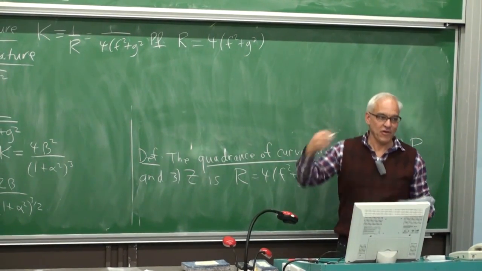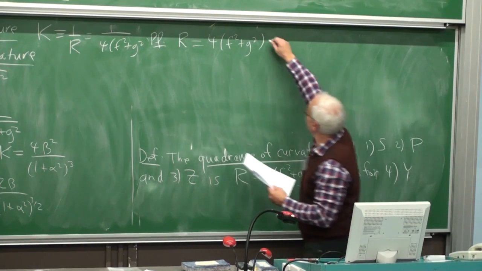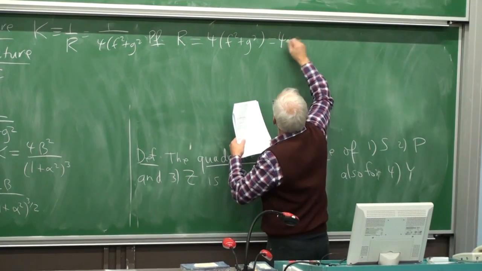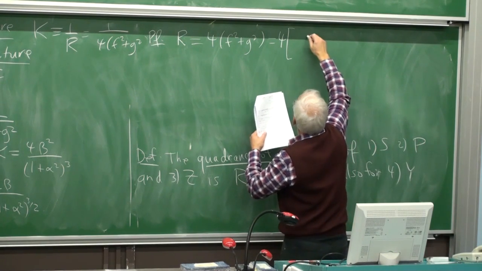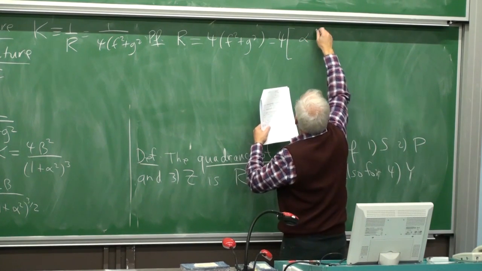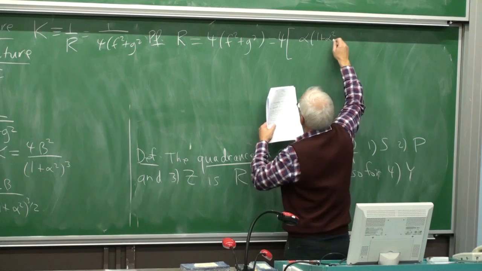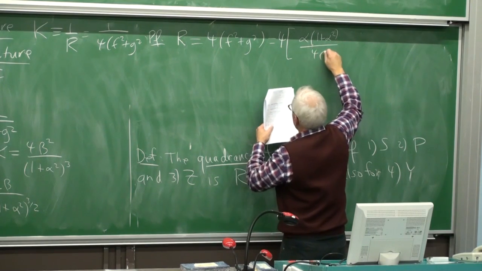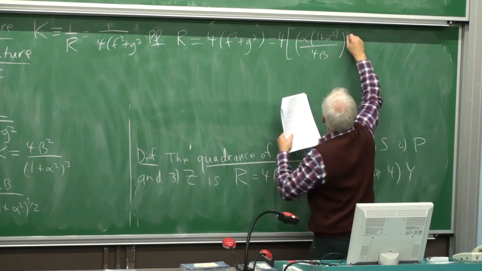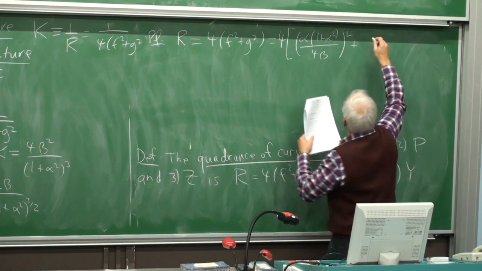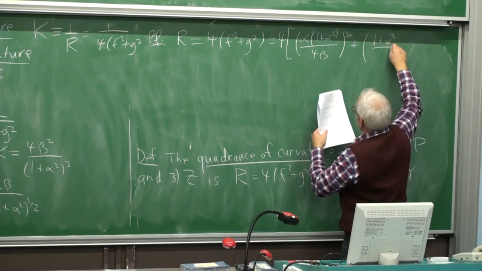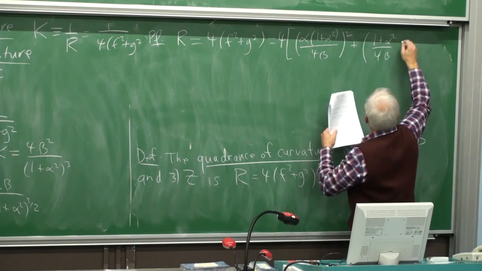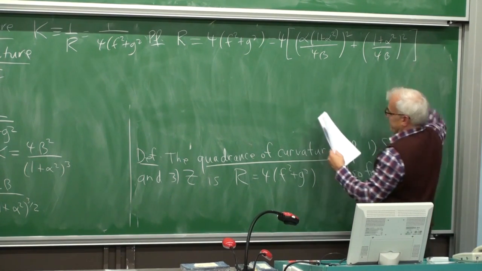And we have the alphas and betas in terms of the f's and g's. So what was that? The f in terms of alpha was alpha times 1 plus alpha squared over 4 beta. So we have to take all of that squared. And the g was 1 plus alpha squared on 4 beta. So we have to take the square of that.